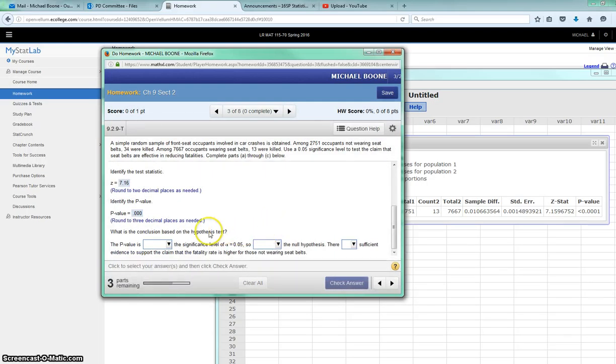And then the conclusion I'm going to make, since my p-value is lower than alpha, the significance level, is that we reject the null hypothesis and say that there is sufficient evidence to support the claim that the fatality rate is higher for those not wearing seatbelts.